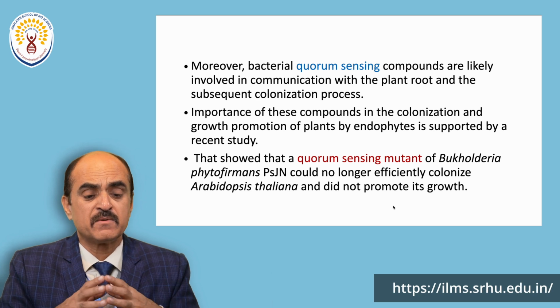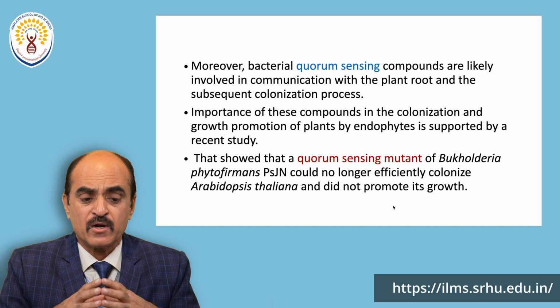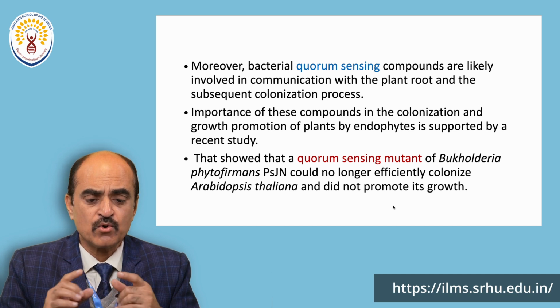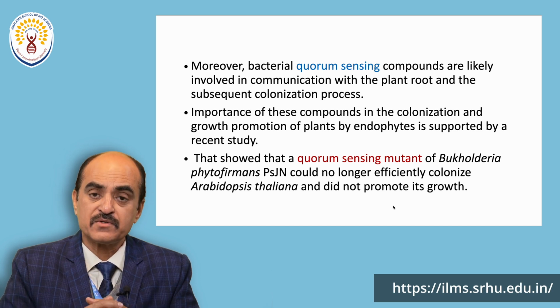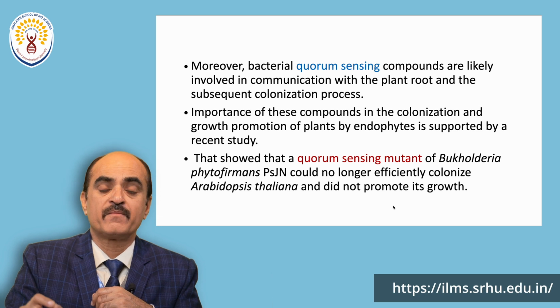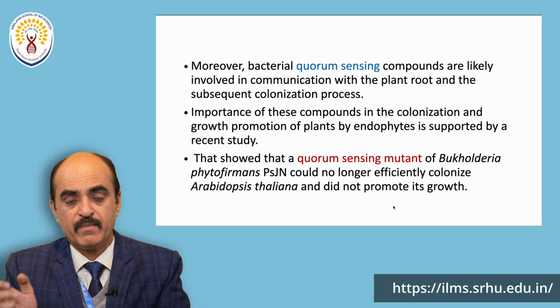In this study, it has been reported that a quorum sensing mutant, Burkholderia phytofirmans PsJN, could no longer efficiently colonize Arabidopsis species and did not promote its growth. It means quorum sensing is very important in making contact between the host plant and the bacteria.